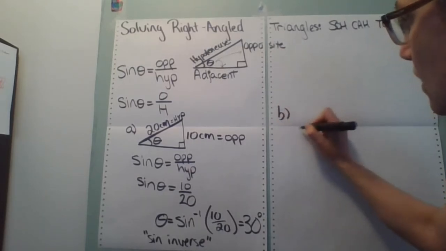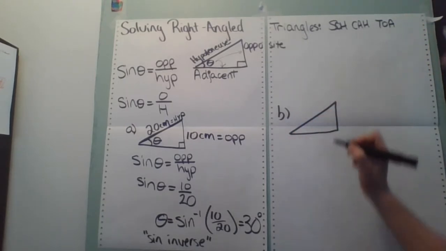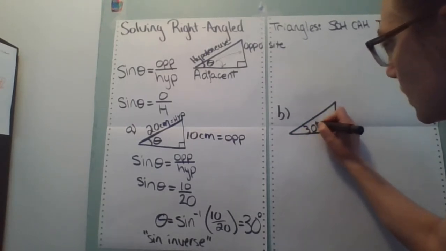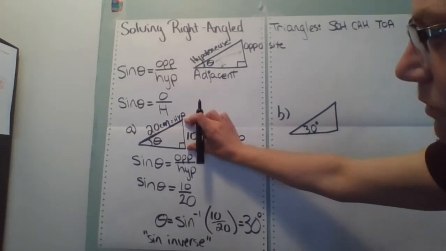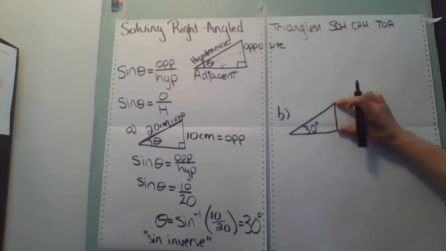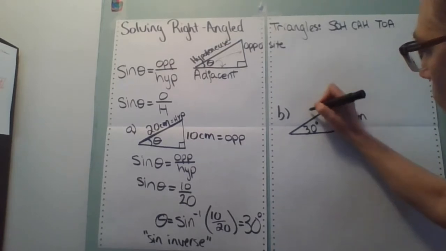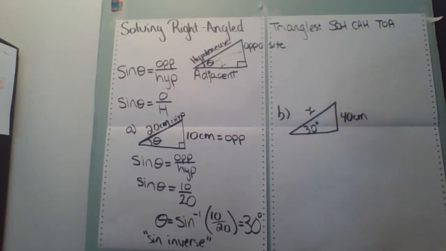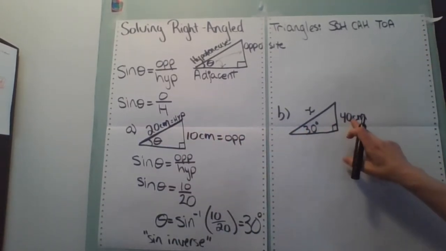So if I have another identical triangle that I just want to have a little bit bigger, there's 30 degrees. And let's say instead of a 10 centimeter piece on this side, maybe I want to have a 40 centimeter piece on this side. So how long would my hypotenuse end up being? So it's still a right angle triangle, and I want to have the same angle, I just want to make it bigger.